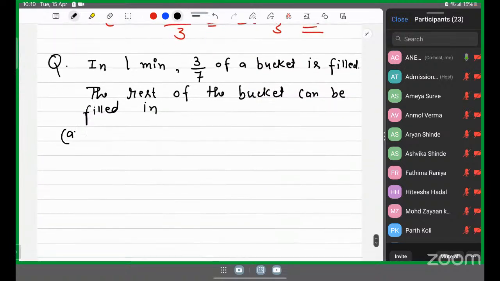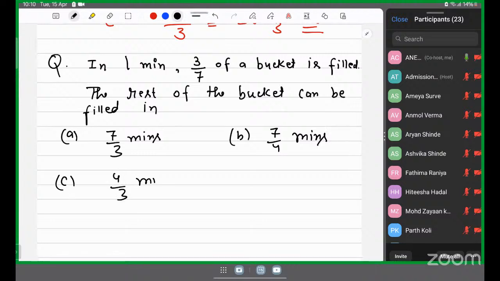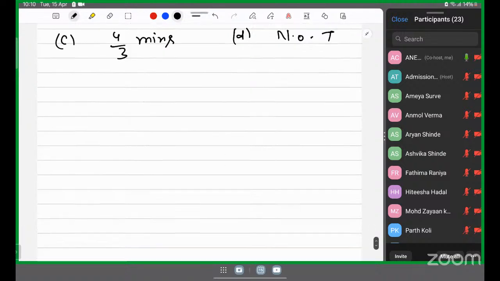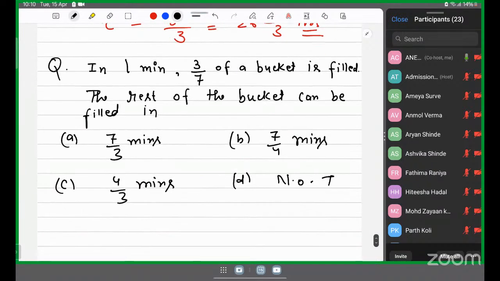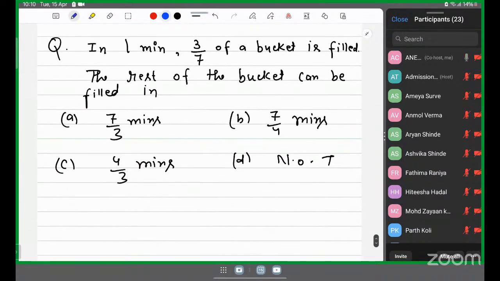Options are: A, 7/3 minutes. Option B, 7/4 minutes. Option C, 4/3 minutes. Option D, none of these. Which option is correct?